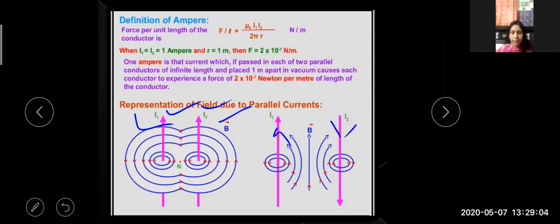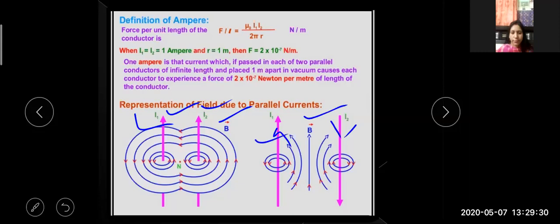We have discussed that when the current flows in opposite directions in two conductors placed parallel to each other at some distance, they will experience a force of repulsion. Clear? So the magnetic field lines are given by this diagram.